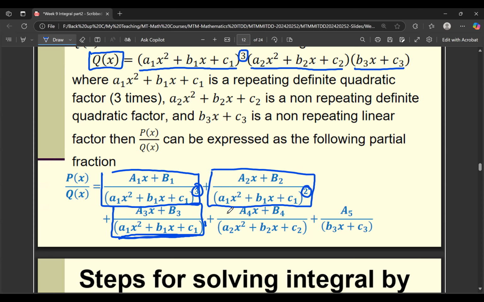And the fourth one is the non-repeating quadratic factor.